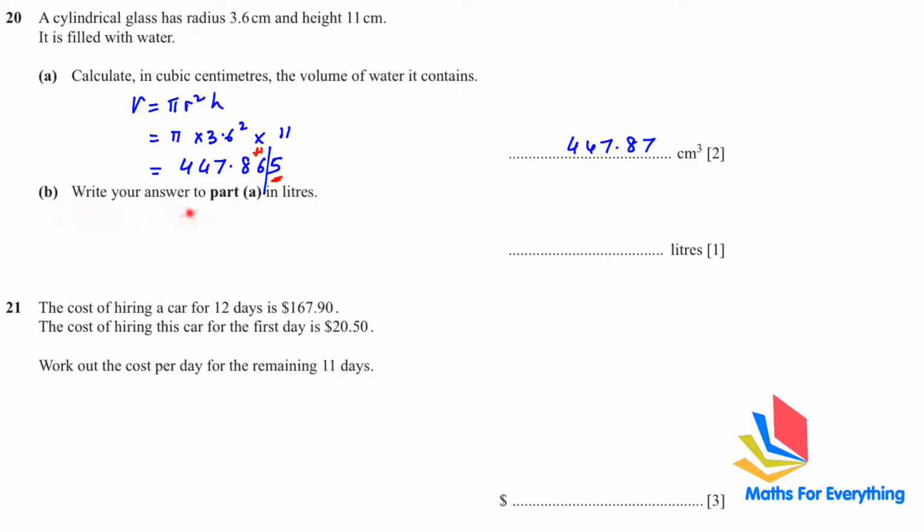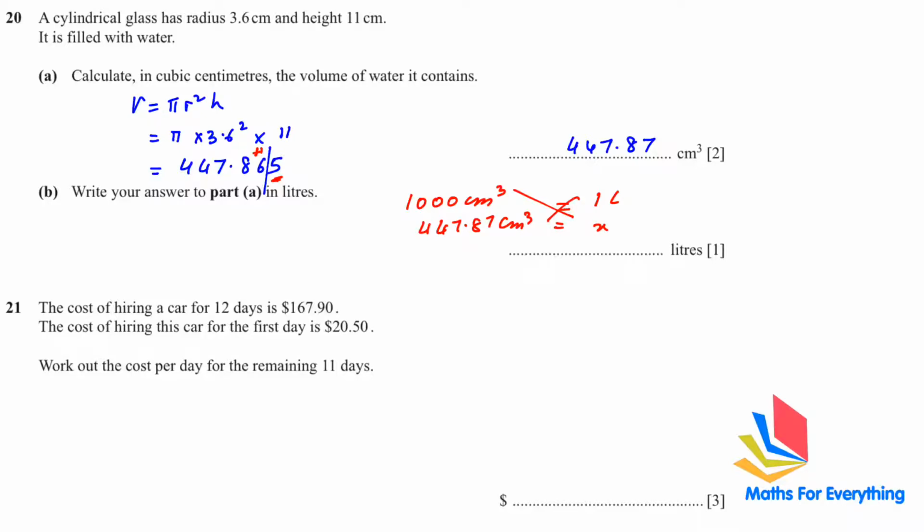Part B, write your answer to part A in liters. 1000 cubic centimeter is equal to 1 liter. Therefore, 447.87 cubic centimeter equals how many liter? We cross multiply.